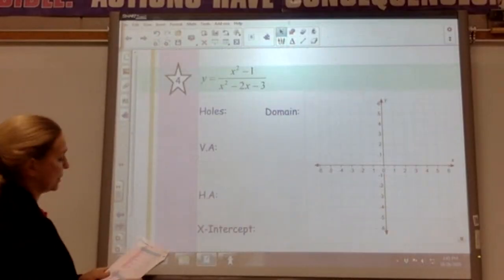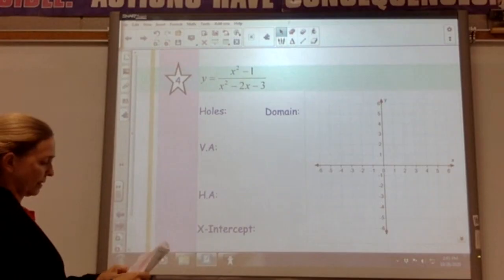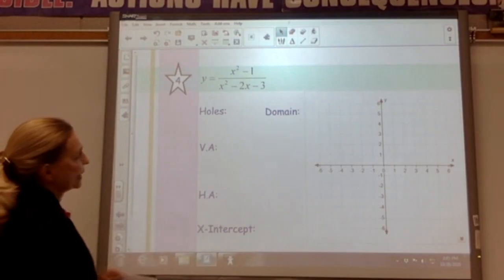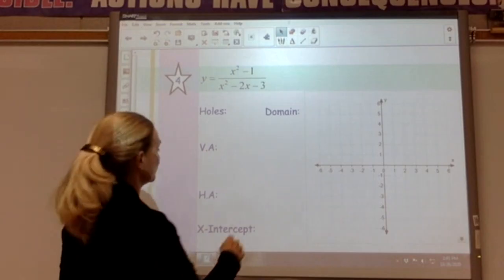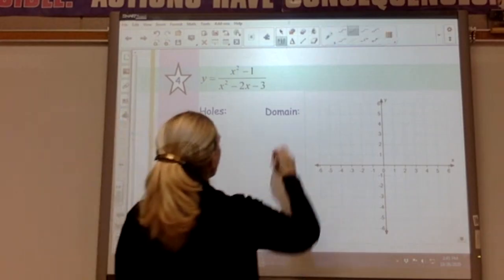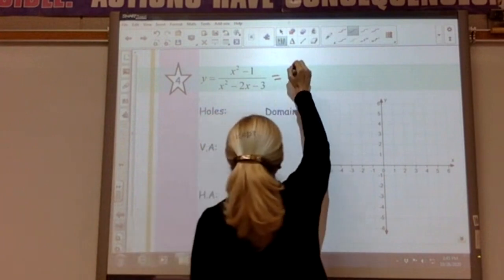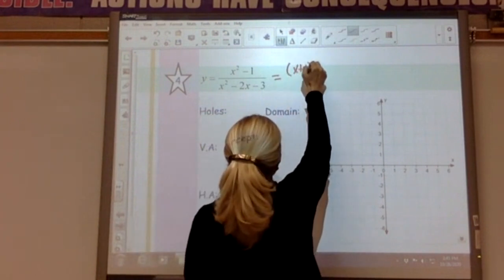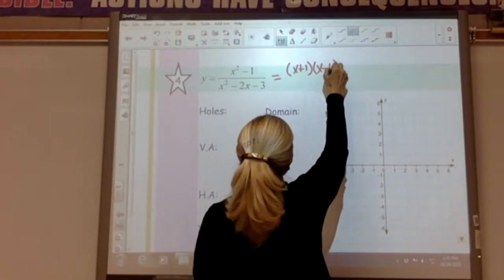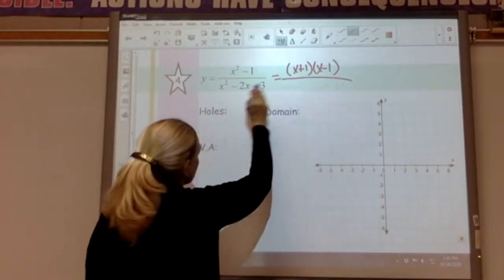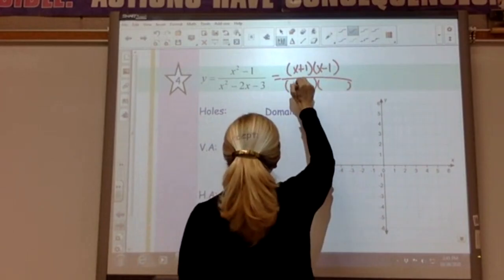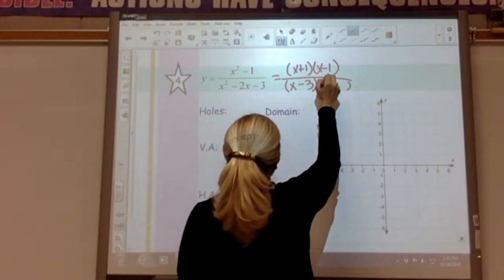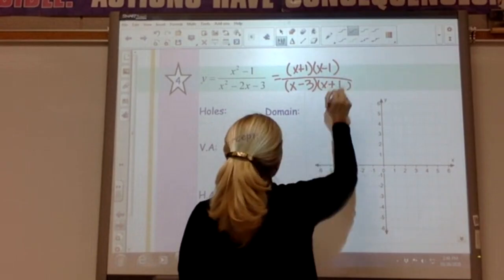And now we'll do this one, and really it's just the same thing over and over. It just takes practice. So we'll do this one. This factors the numerator into x plus 1 times x minus 1, and the denominator factors into x minus 3 times x plus 1.